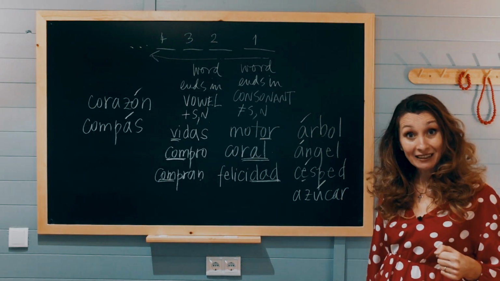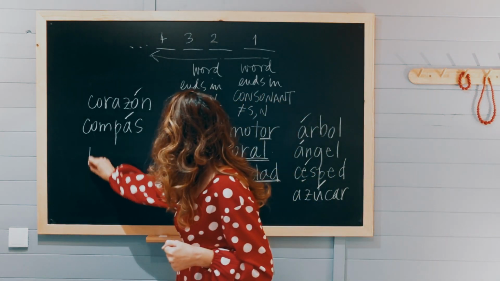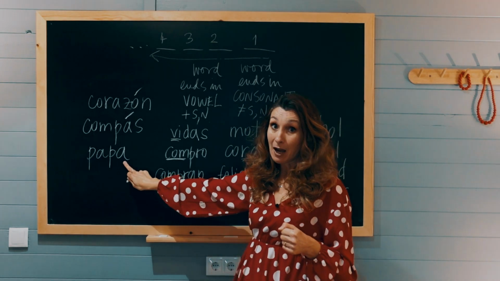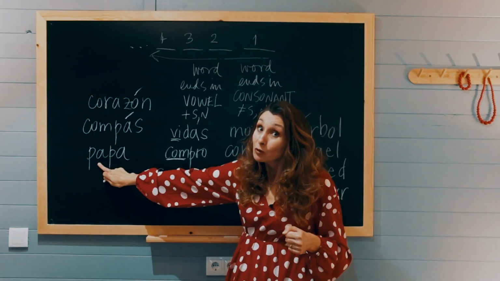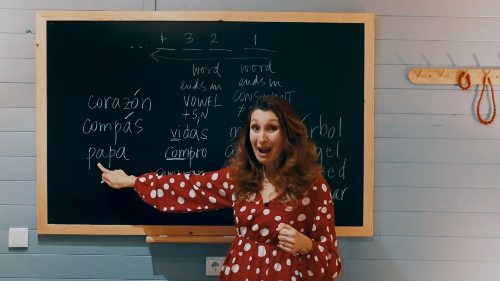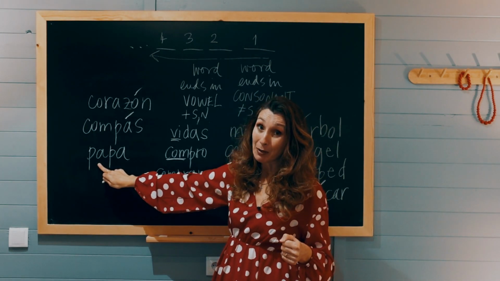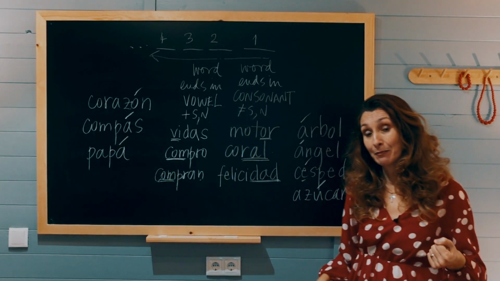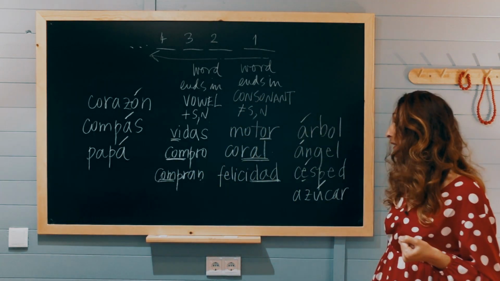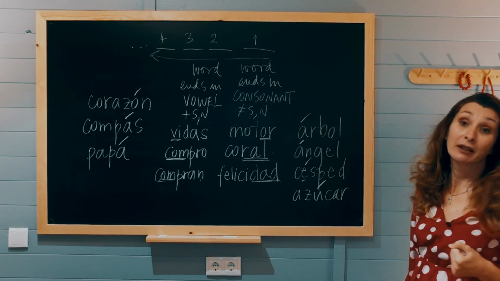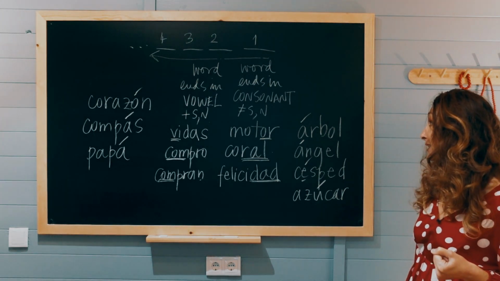Then daddy in Spanish is papá. Again, this is a vowel. We would normally expect the accent to fall here, papa, and yet it's not papa, it's papá. Same with mamá, mummy. Papá and mamá.